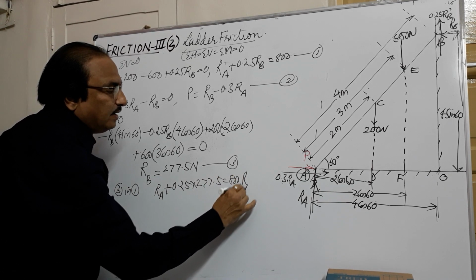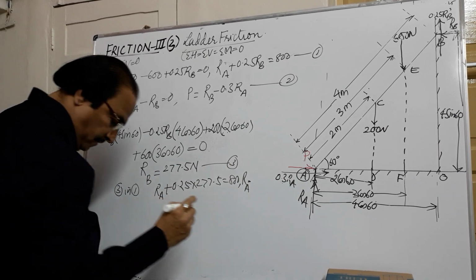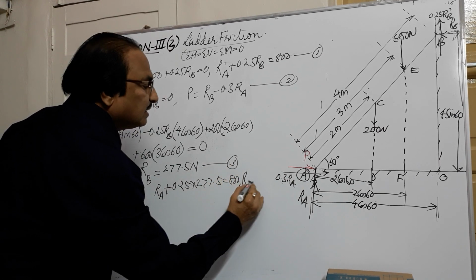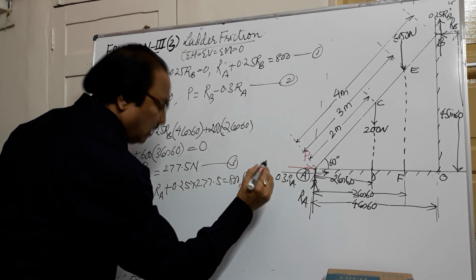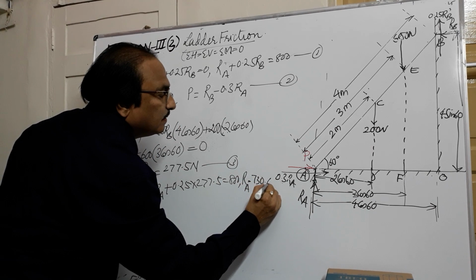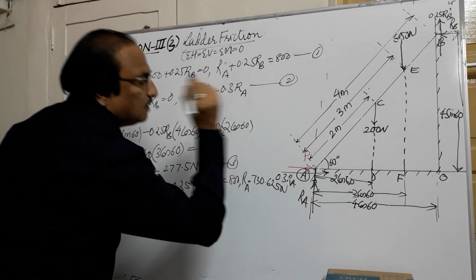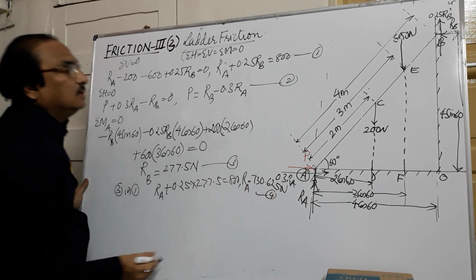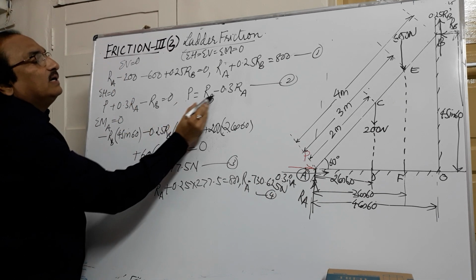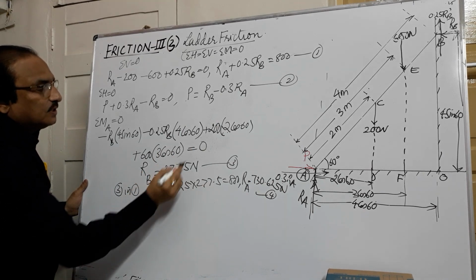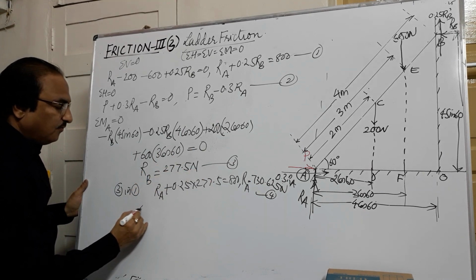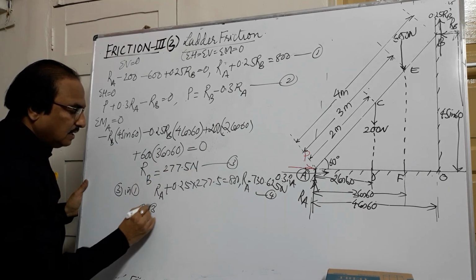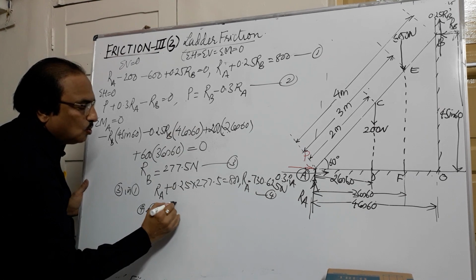So RA will be here equal to 730.625 Newton. Now if I call this 4, we need P, so where we need RA and RB, let us substitute 4 and 3 in equation 2.